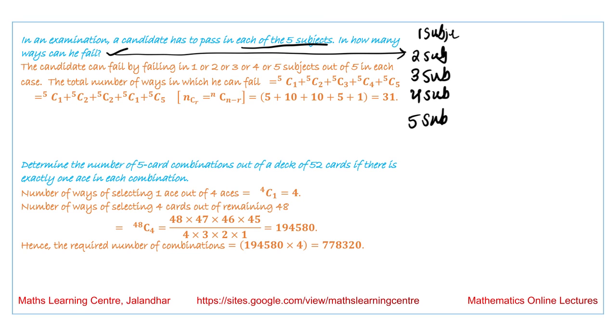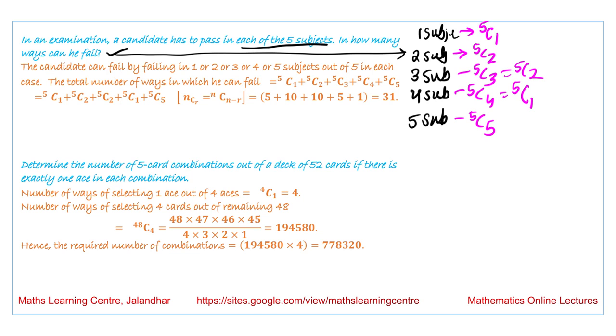Now the number of ways of choosing one subject out of 5 subjects is 5C1, this is 5C2, this is 5C3, this is 5C4, this is 5C5.